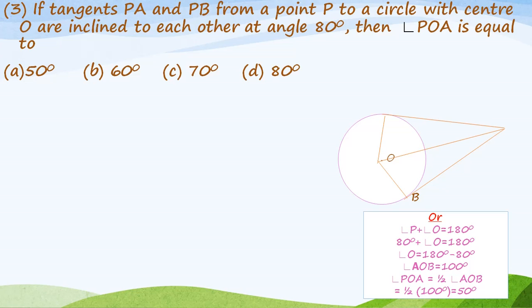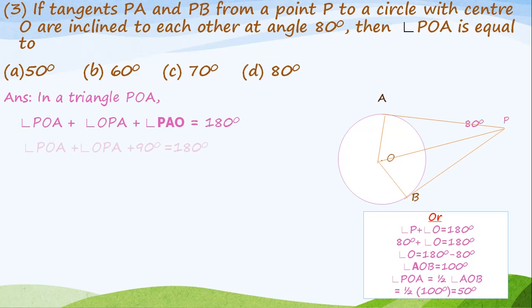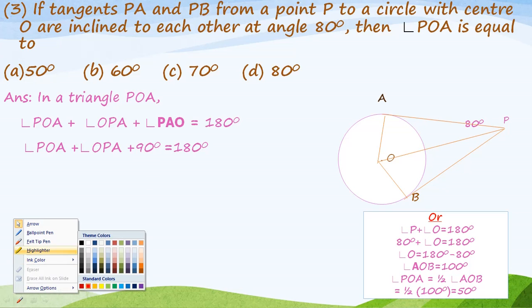If tangents PA and PB are the tangents drawn from external point P to the O-centered circle, then angle P is equal to 80 degrees.